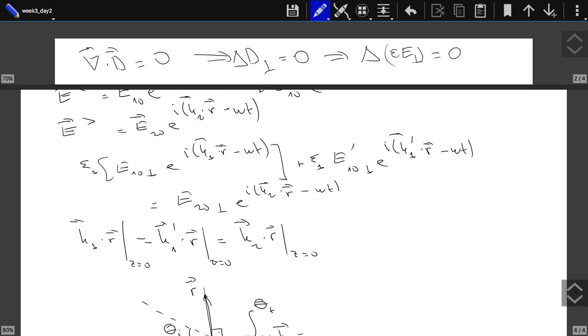I had this condition, which tells me that epsilon times the perpendicular component of the electric field at the point r on my surface should be continuous. This is z equal to 0.